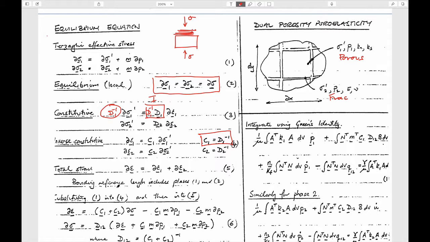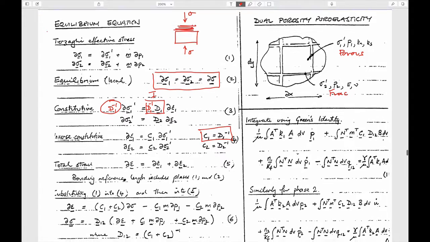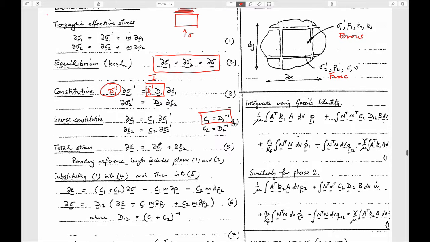And if we do that, we could define the total strains as the sum of the compaction that occurs in the matrix plus the compaction that occurs within the fractures. And if we do that, then we could take this, write this equation in terms of d sigma 1 prime, right?